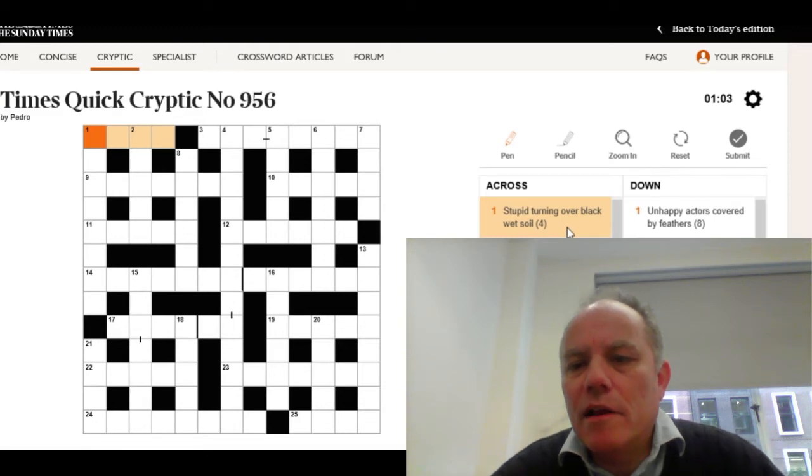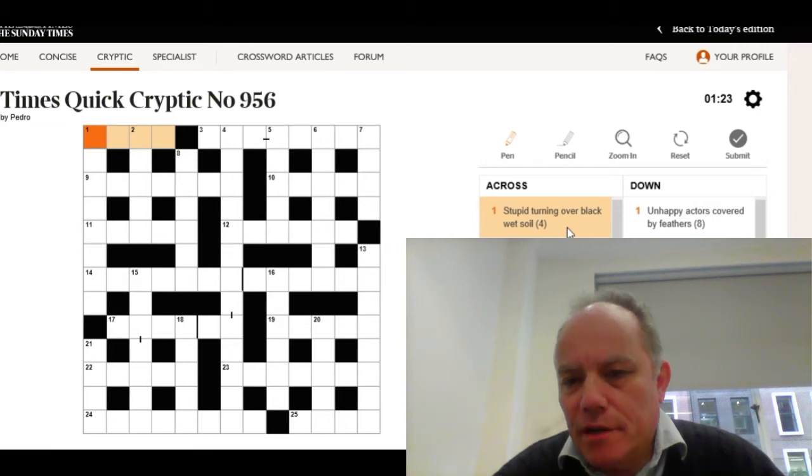So we could either look to be turning over a word meaning stupid and then adding B for black, or we could be turning over B plus a word meaning wet soil. So that's more likely given where turning over appears in the clue.